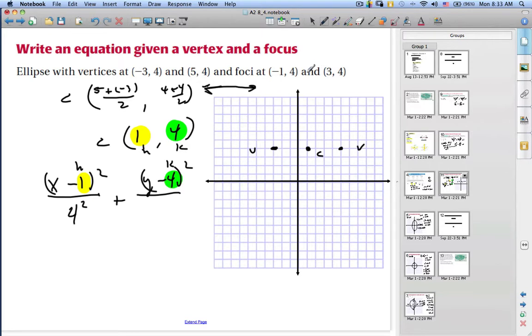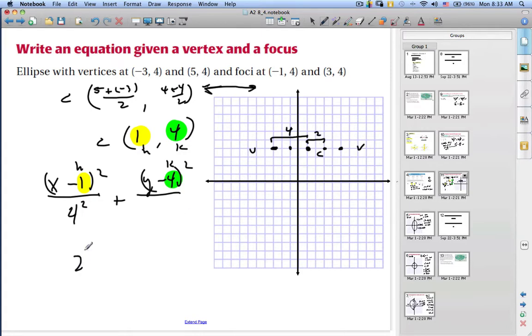Now if I look at my foci, negative 1, 4 and 3, 4, I know that this distance here, remember we looked at the distance from the vertex to the center, that was 4. The distance from the focus to the center, that's 2.